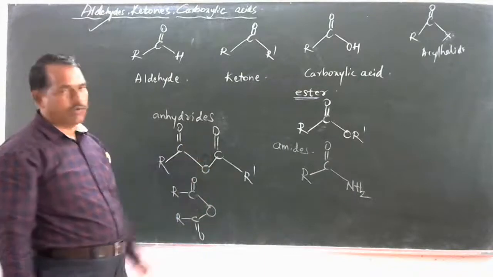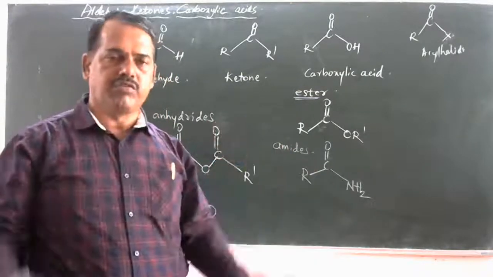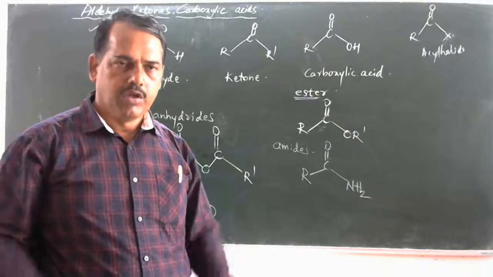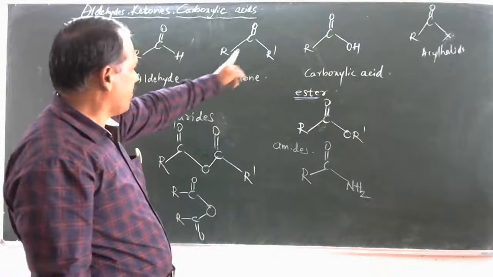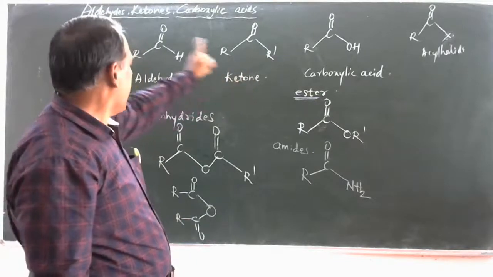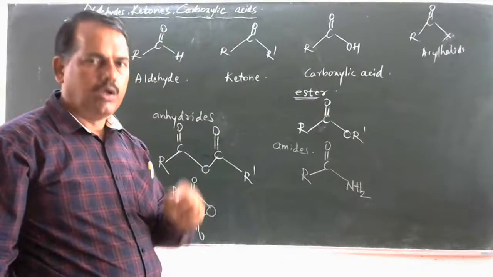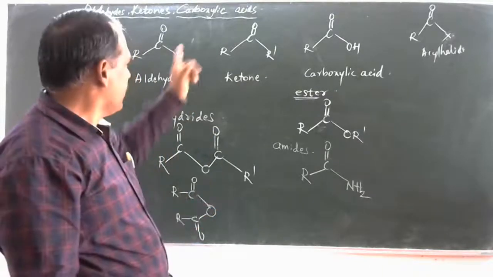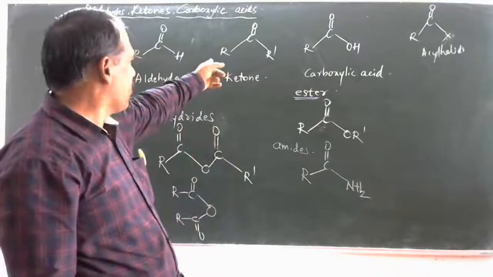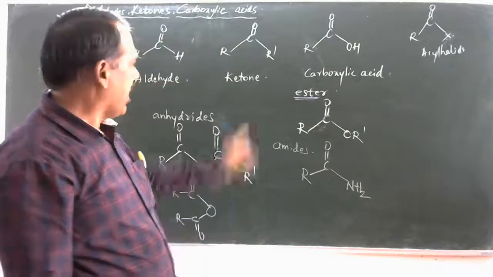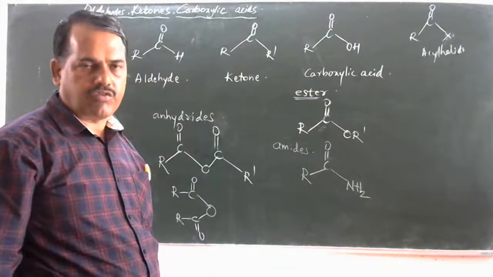See, first we have to identify the class of compounds, different classes of compounds. Different classes of compounds are aldehydes, ketones, carboxylic acids. Aldehydes have the functional group CHO. Ketones have the functional group R, C double bond O, R dash, and its functional group is CO. And in carboxylic acid, the functional group is COOH.